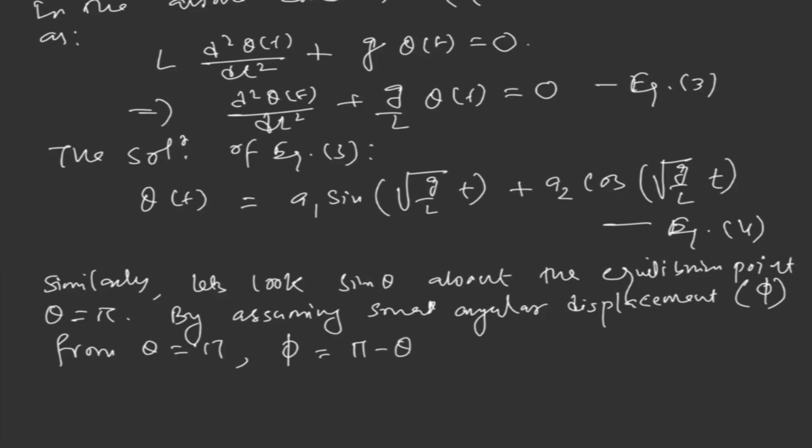This is basically the angular displacement phi from the equilibrium point pi. So theta is basically the angular motion, how the pendulum moves in 360 degrees.